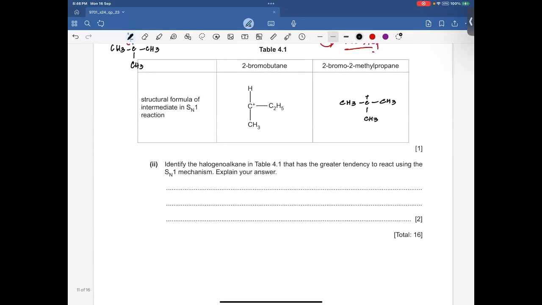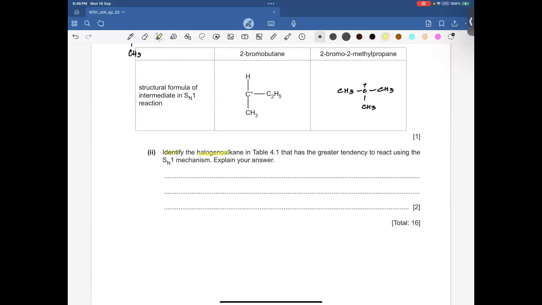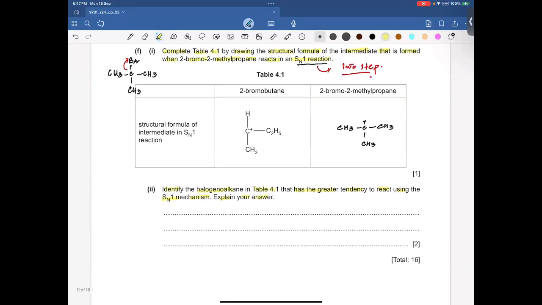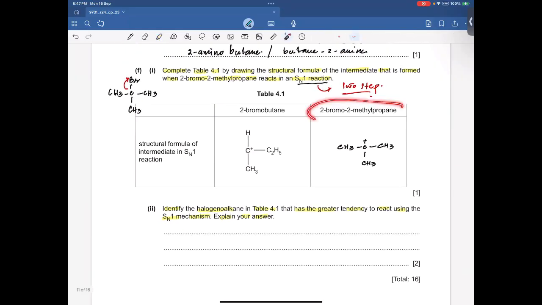All right. Identify the halogenoalkane in table 4.1 that has the greater tendency to react using the SN1 mechanism. Explain your answer. Obviously, 2-bromo-2-methylpropane has a greater tendency to react via the SN1 mechanism because it is forming a tertiary carbocation, which is more stable than the secondary carbocation of 2-bromobutane.